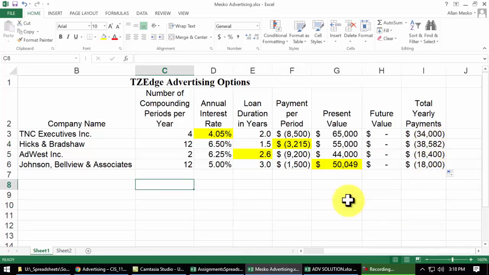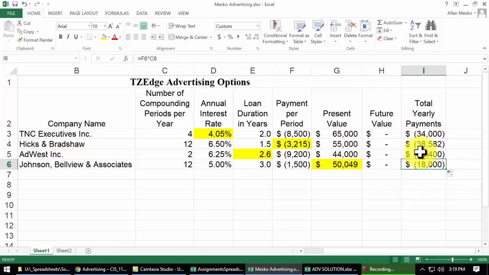Number 6 says to format this thing nicely, and it's already been formatted for us in the file that we started with. Number 7 basically says if you were trying to minimize your yearly outlay, what would be the best way to go? Well, it would be the least money per year.